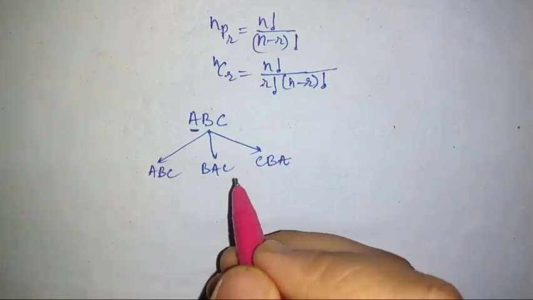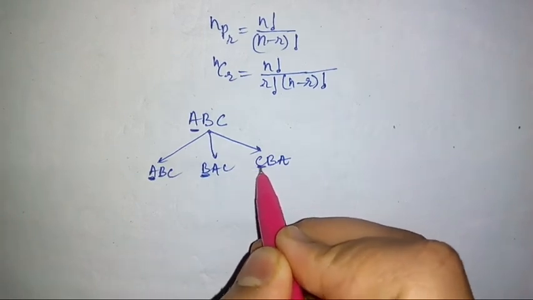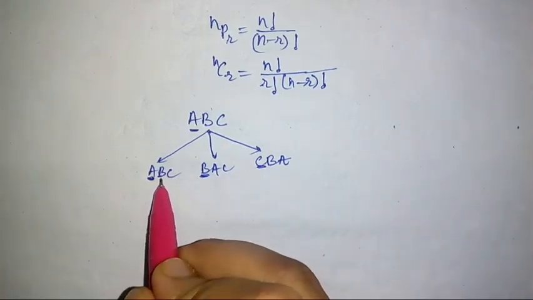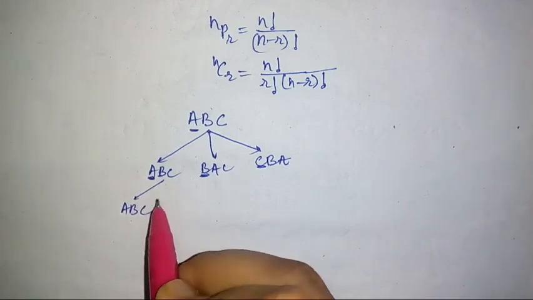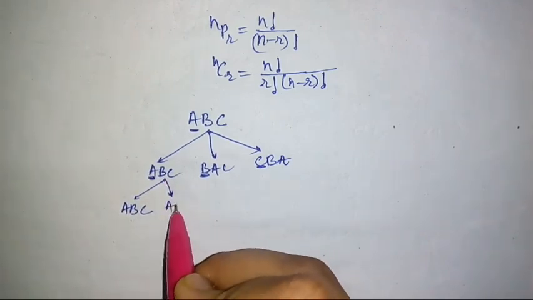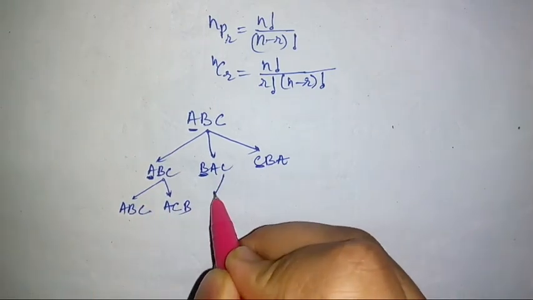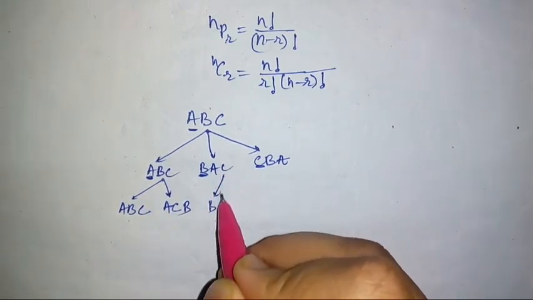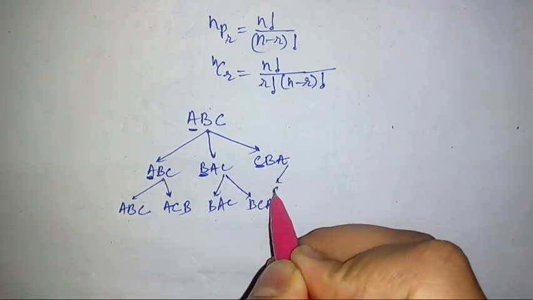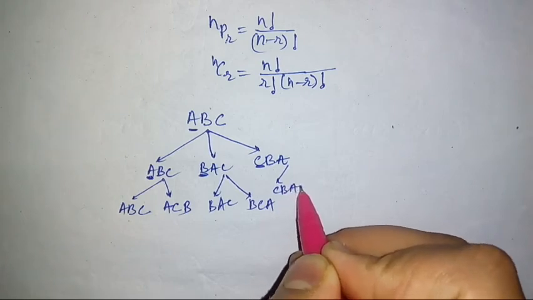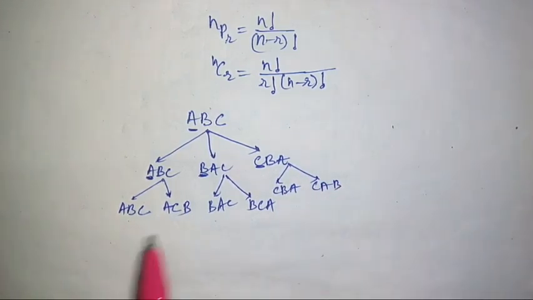After swapping, I will fix the first element, and after fixing the first element, I will swap the second elements. I can swap B with B, so I will get ABC, or I can swap B with C, I will get ACB. Then, B is fixed, I can swap A with A, or I can swap A with C. Then C is fixed here, I can swap B with B, or I can swap B with A. So these are my required permutations.